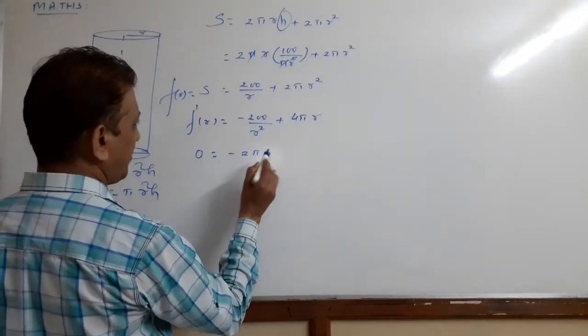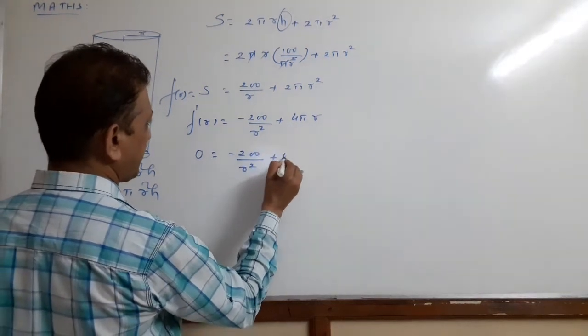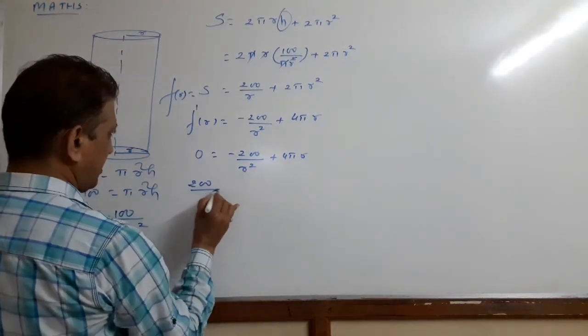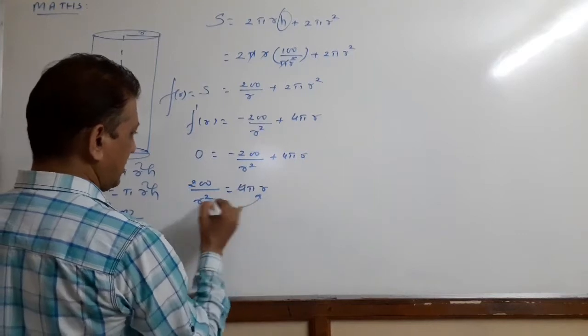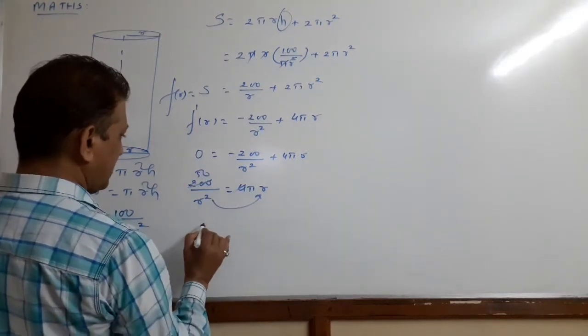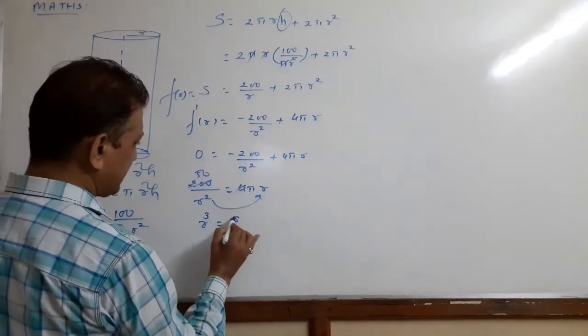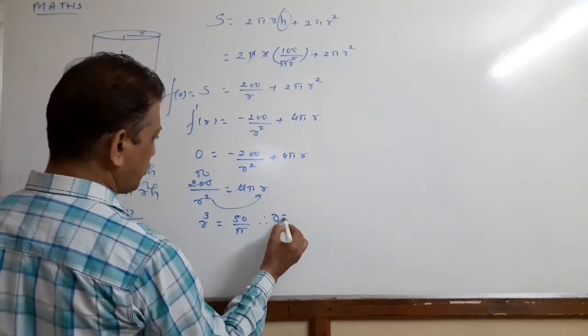So minus 200 upon r square plus 4 pi r. We take the left side: 200 upon r square equal to 4 pi r. 50 is r, r square goes in multiplication form, so r cube. Pi is division.